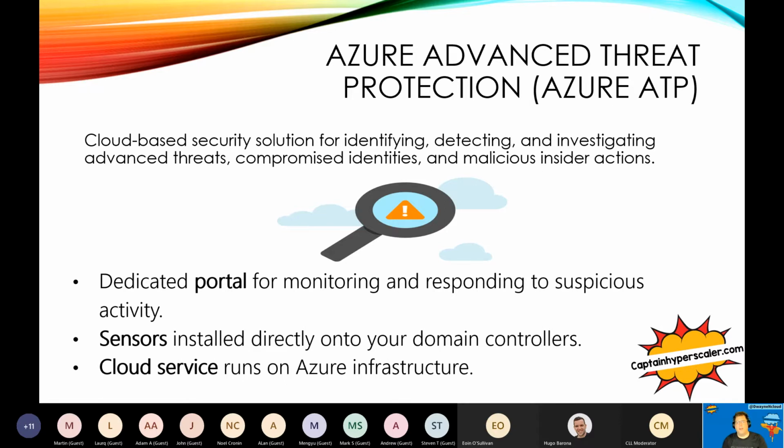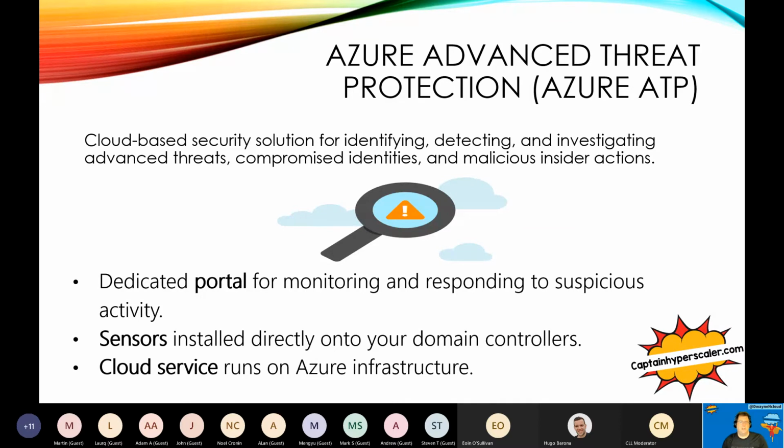But the key thing around advanced threat protection is it utilizes Microsoft's global threat database to provide a security solution to detect and identify and investigate a lot of threats, compromised identities, and malicious insider actions.